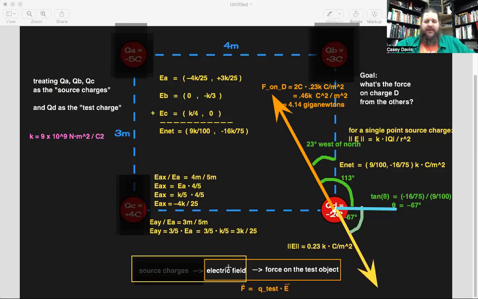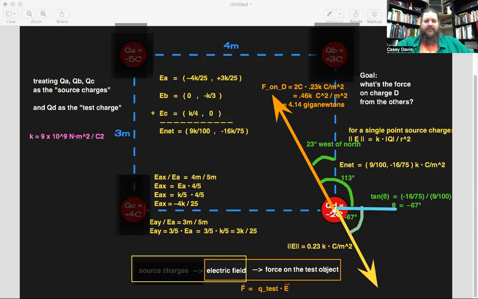And then separately use the electric field you just found to find the force on the test object at that location. But notice that you don't really need to have the source charges and the test object both involved in your calculations at the same time. You separately calculate the source charges creating the electric field.